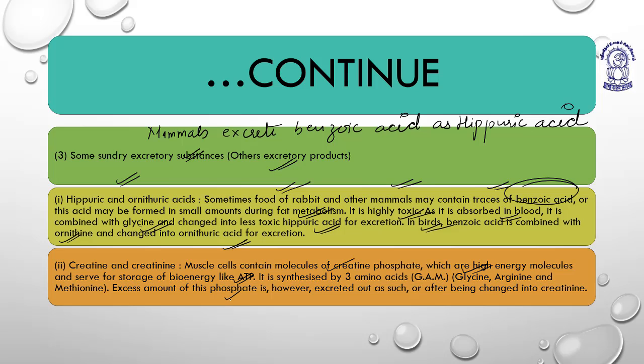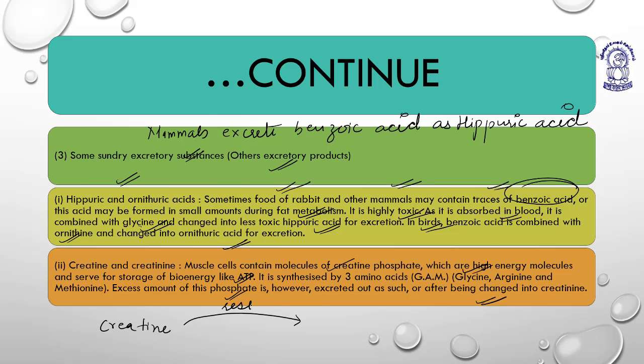Excess amount of this is excreted out after being changed into creatinine. Creatine is formed in the liver by the metabolism of glycine, arginine, and methionine.